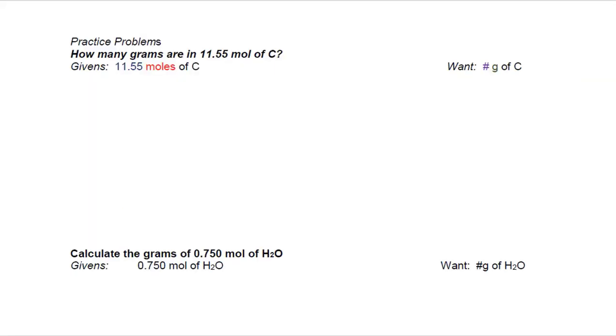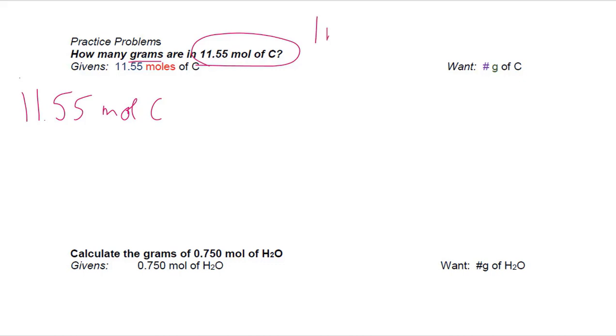So let's say that I have 11.55 moles of carbon. How many grams is that? I always start with what I'm given. So I'm going to write down 11.55 moles of carbon. Now I want to get from moles of carbon to grams of carbon.